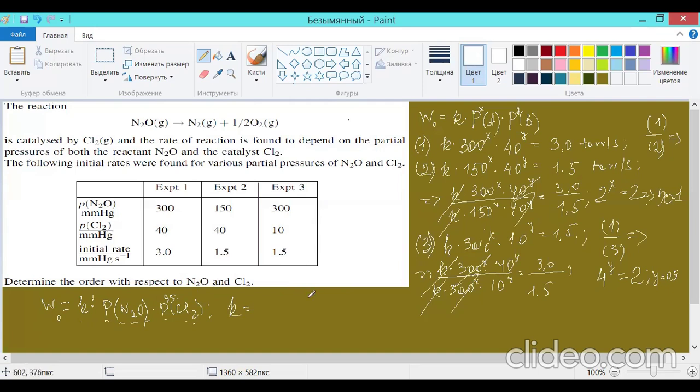So let it be 3, if we take the findings from the first experiment. The pressure of N2O is equal to 300, and chlorine is 40, square root of 40. The square root of 40 is 6.32, times 300.